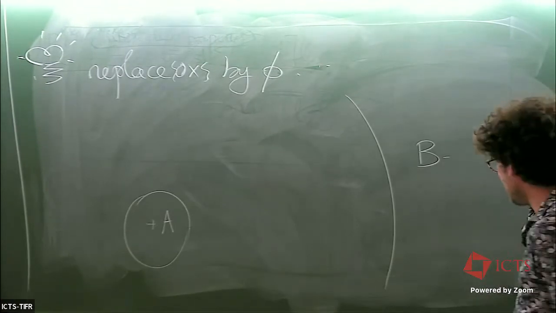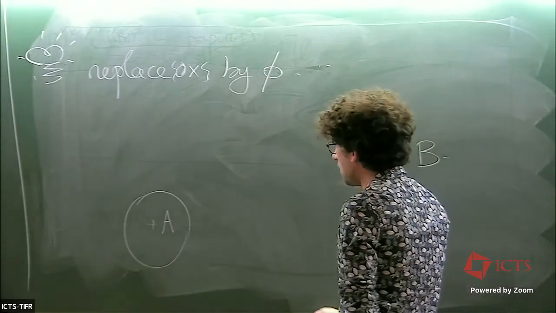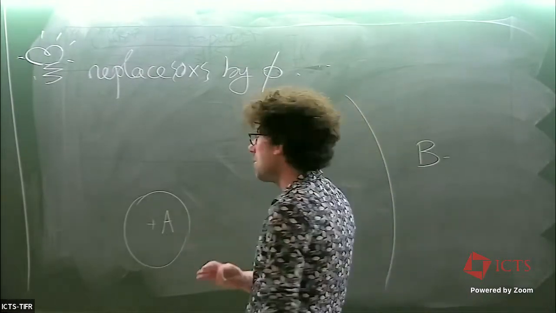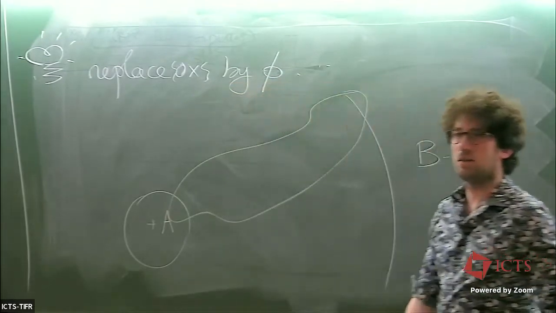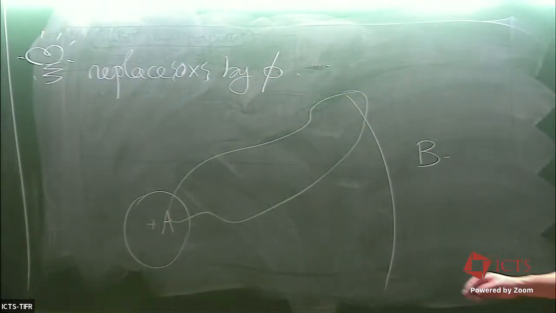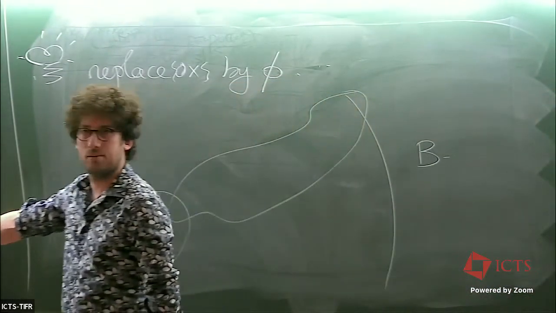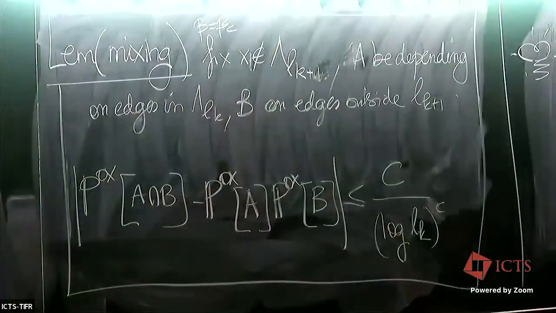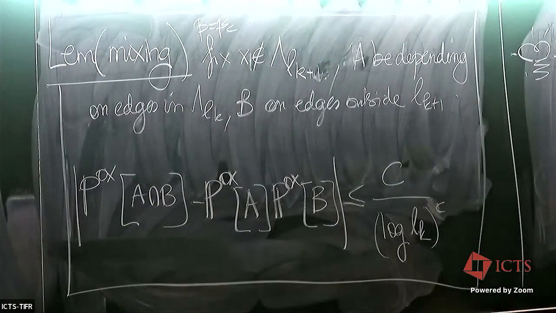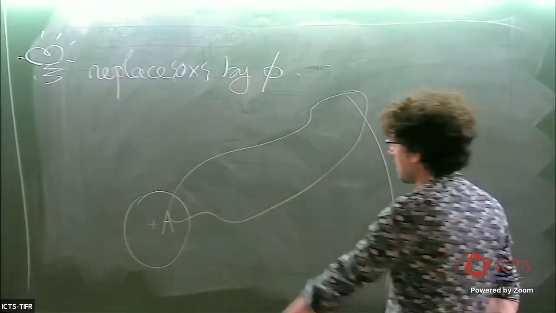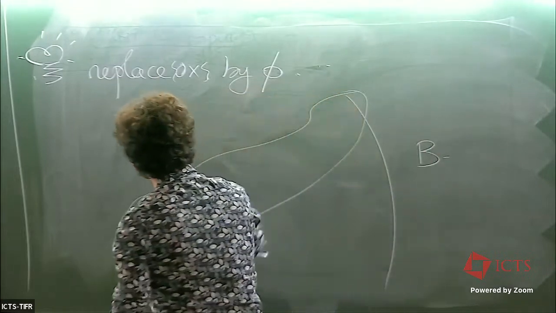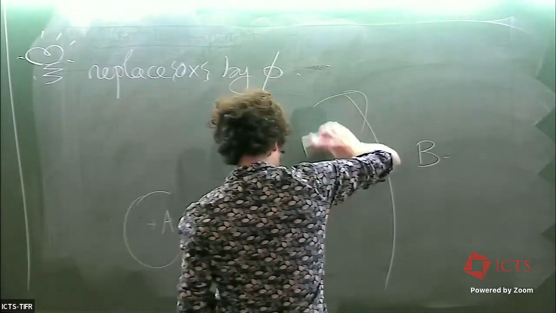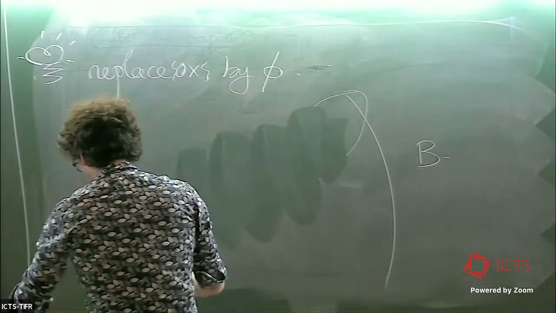And what happens here is that there is not going to be, typically, a cluster crossing like that. It's a cost which is way worse than this. It's actually polynomially small. And in some sense, the only way what happens here impacts what happens there is through the shape of the boundary.